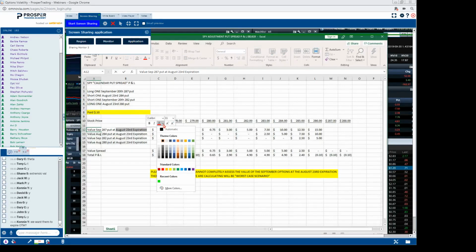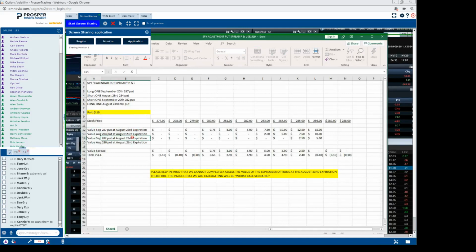We'll make that font color red. Oh, maybe I can't do that. Thought I could. Oh, there we go. Okay. And maybe I'll actually boldface them as well.